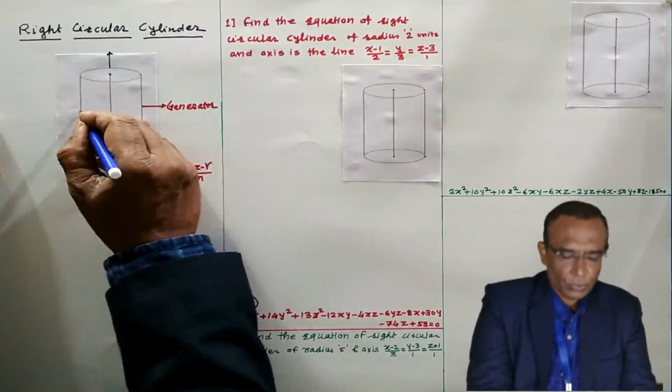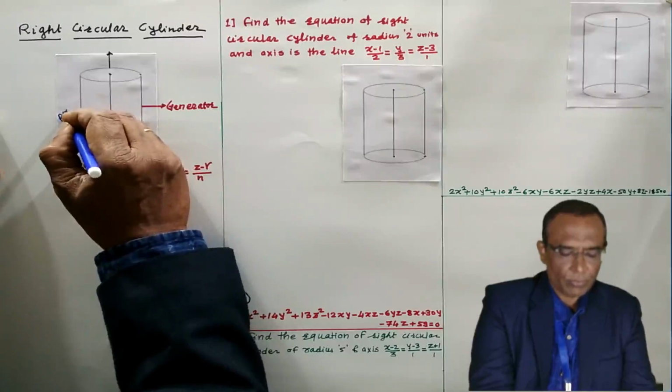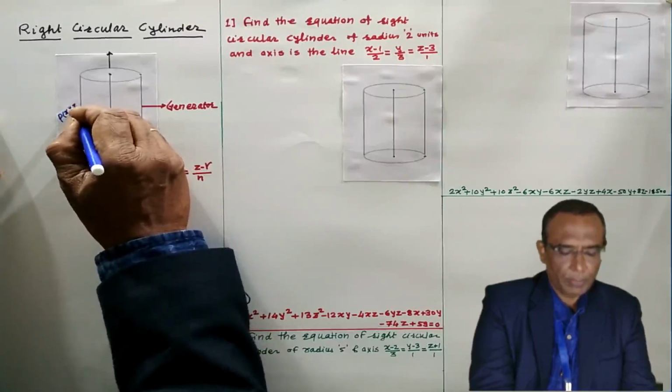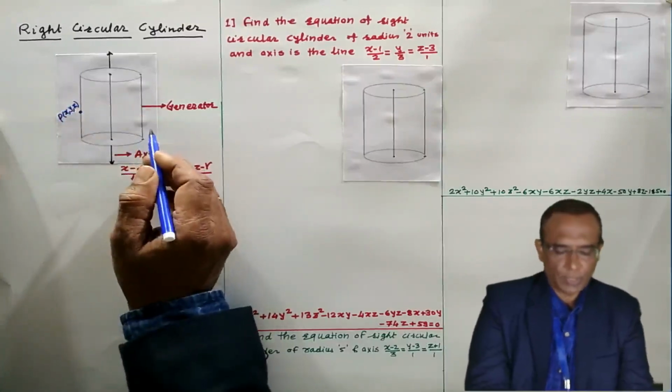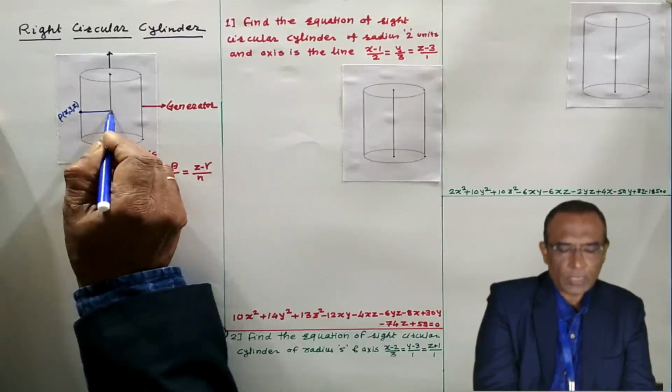Let P be any point on the surface of the cylinder, or any point on the generator, and I am going to drop a perpendicular on the axis.